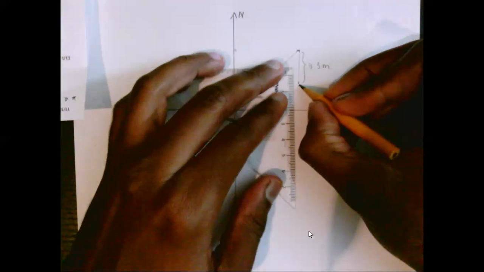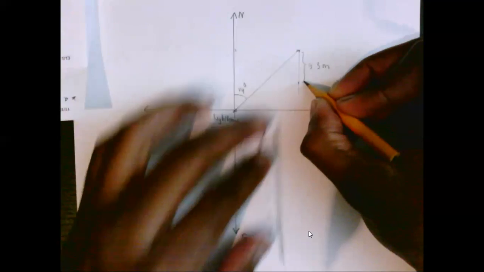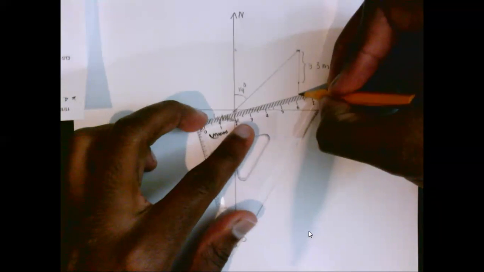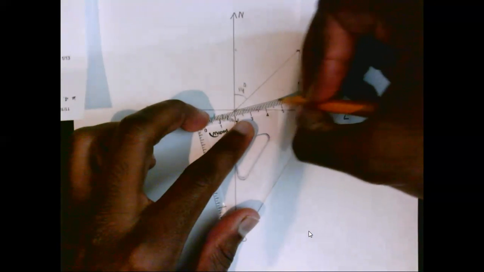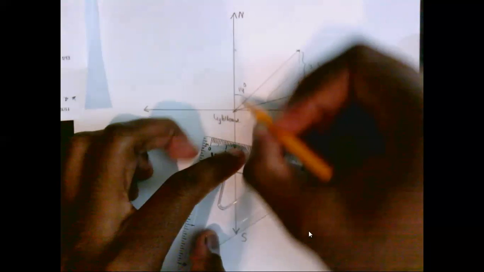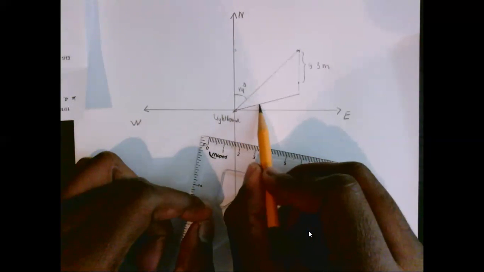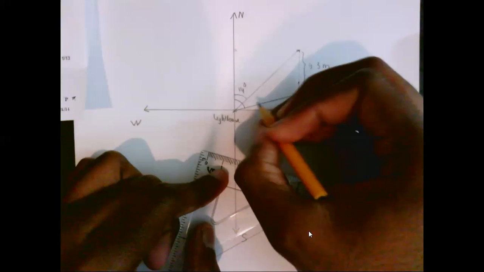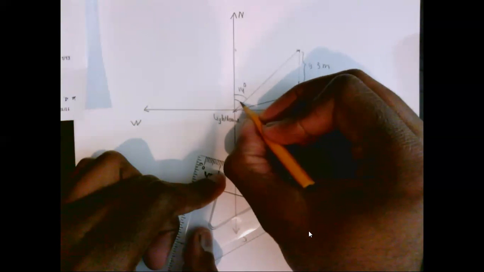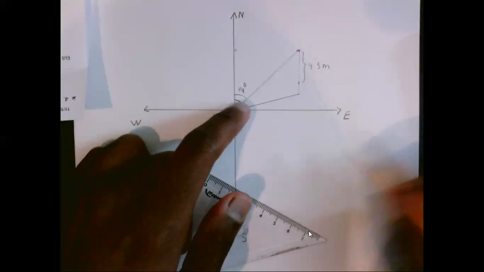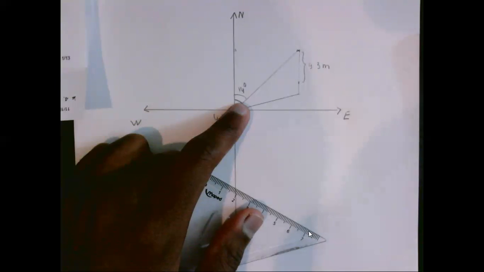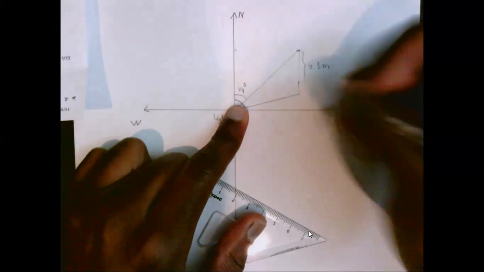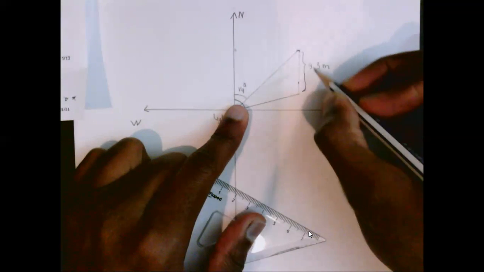Let me continue drawing like that. Your new bearing, the new deviation from the north, from here to your new location, is about 30 degrees northeast. So from here to here you have an angle of 30 degrees. The distance from here to here is 9.3 miles.